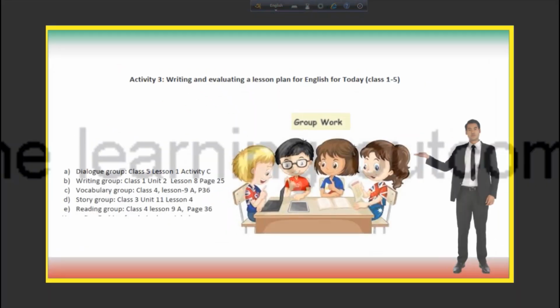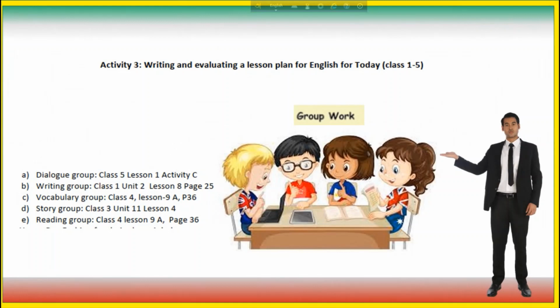Okay, then activity 3, writing and evaluating a lesson plan for English for Today, class 1 to 5. Here our training teachers will make a good lesson plan, and we have to divide them into 5 groups: dialogue group, writing group, vocabulary group, story group, and reading group.